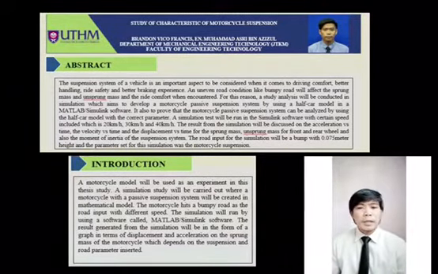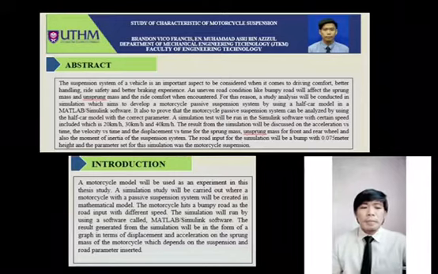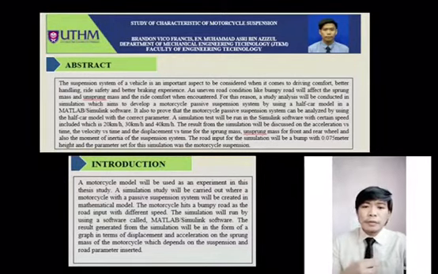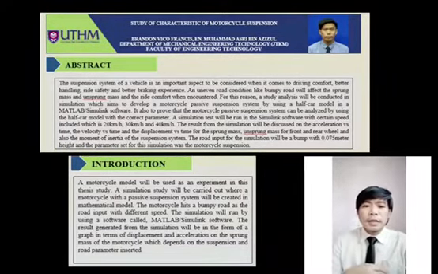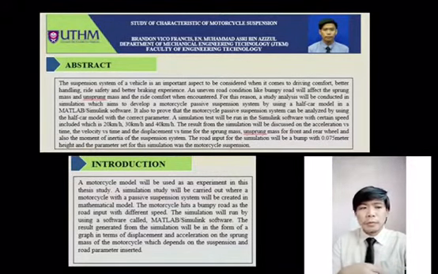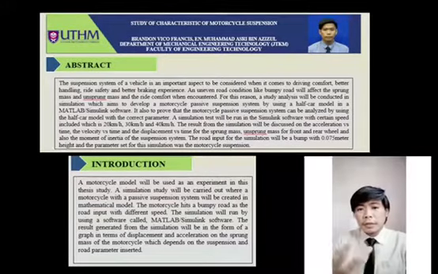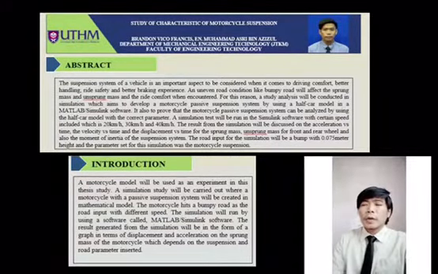So basically speaking, this project is about building a motorcycle suspension system by using a half-car model from a car into a simulation software, which is the MATLAB simulating software. By using this software, we can run the simulation and get the result.